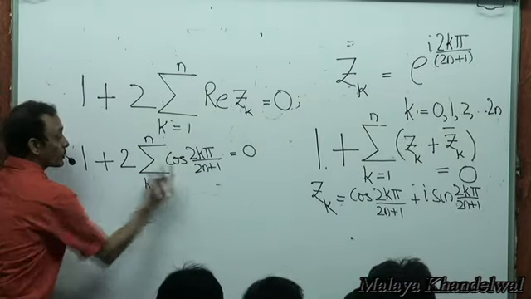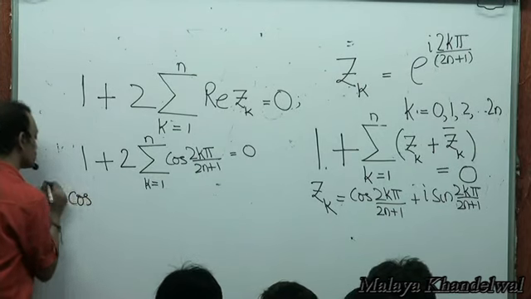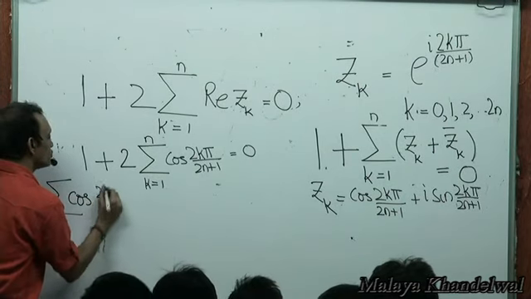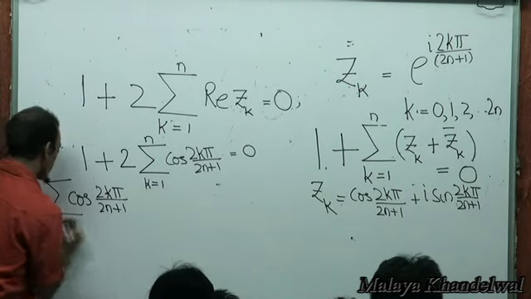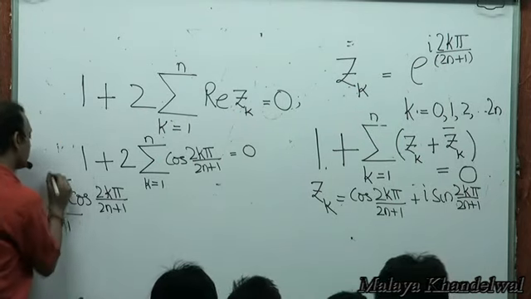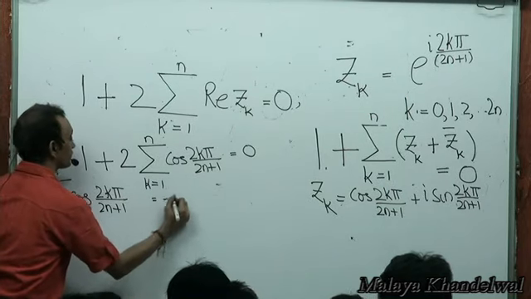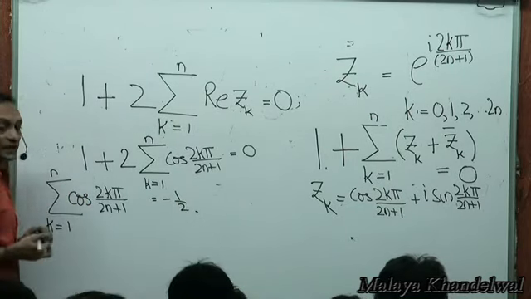That means the summation of cos 2k pi by 2n plus 1, k equal to 1 to n, must be minus half, right?